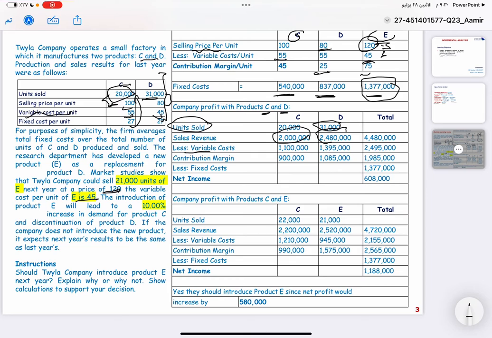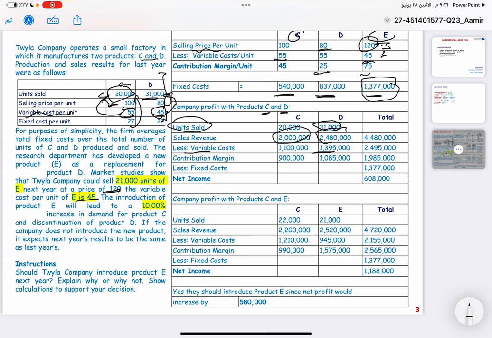Okay, here we have to list the variable cost. Variable cost equals 55 times 20,000, as we said before, and here the same thing, 45 times 31,000 equals 1,395,000.